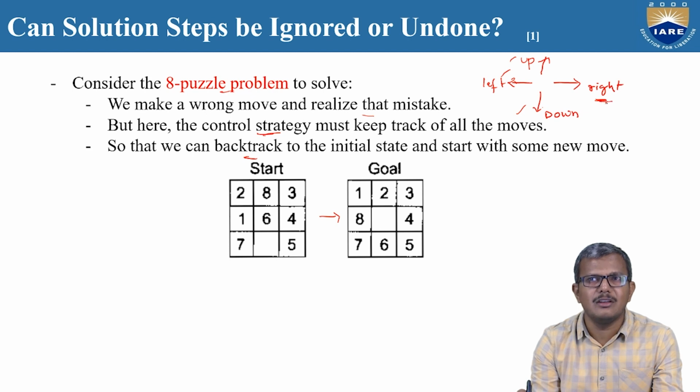You have applied the right operation, but you found that this is not making us move towards the goal state, so you can come back. Why? Because the control strategy has provided all the moves to us. So you come back and try the other legal moves. In this 8 puzzle problem, there is a possibility of backtracking because of this control strategy.